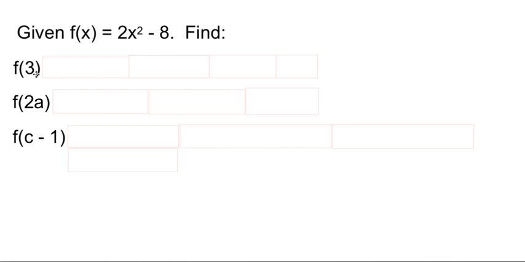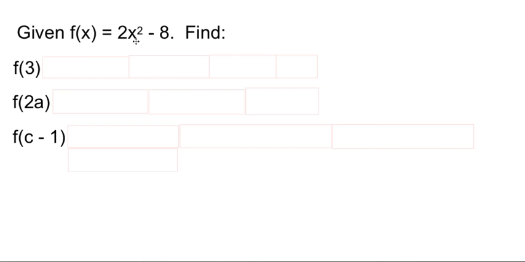So here they're saying f of 3. Now, very important to note that this is not f times 3. This is f of 3. There's no multiplication going on here. This is saying the function at a value of x equals 3.